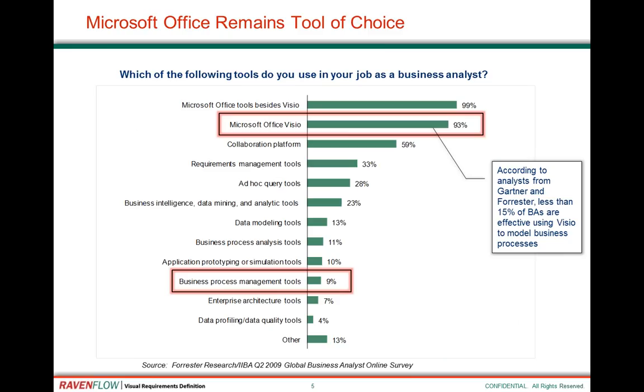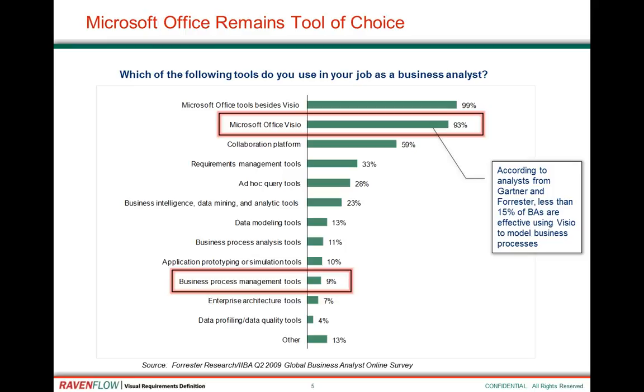This slide, number 5, provides additional context. If you think about your job as a business analyst, let's say you're attending this webinar as a BA or a process analyst or something in between, your job is to do business analysis as part of a project team, and process modeling might be one of the things you want to do. But if you look at the numbers, notice how Microsoft Office tools are used preeminently in many situations.